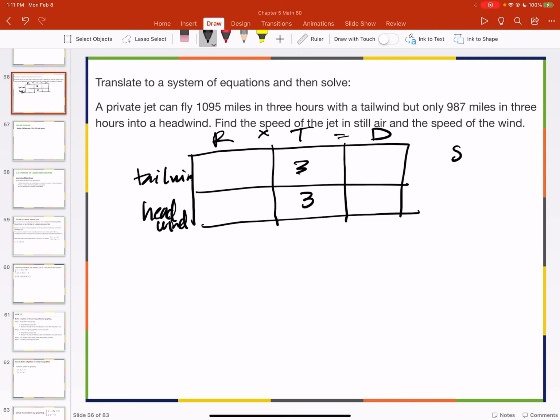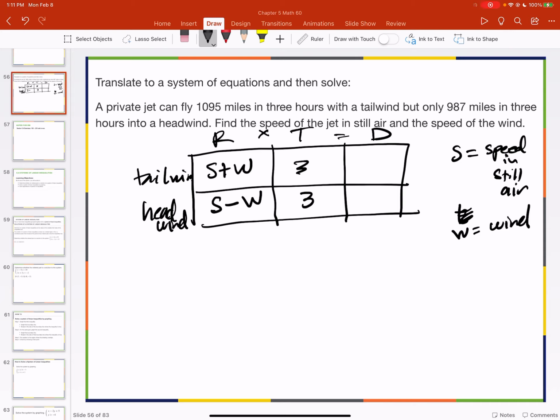So we're going to let S be the speed of the jet in still air, and let W be the speed of the wind. When there's a tailwind, you're adding to it. It's pushing it forward so you can go more distance. So that would be S plus W. And then the headwind is subtracting because it's going against. So this one is going to be 1,095, and this one is going to be 987.